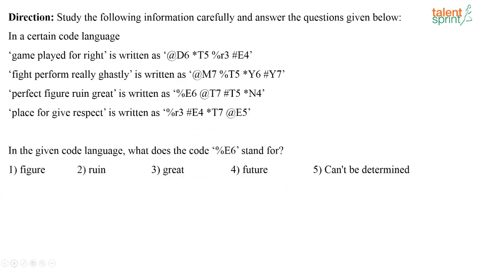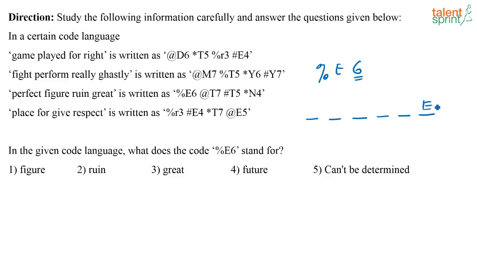Very good. Next. In the given code language, what does the code percentage E6 stand for? See, the only thing that you can say here is, if it is 6, that means that it is a 6-letter word, correct? 1, 2, 3, 4, 5, 6. The last letter is going to be E. And what is the first letter?